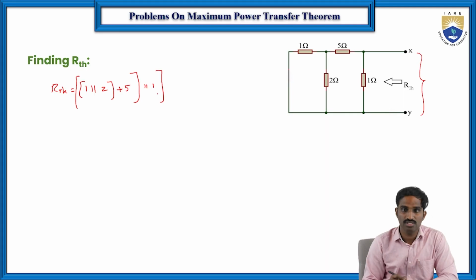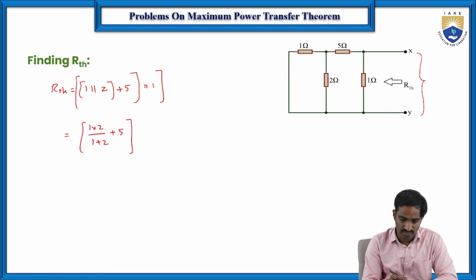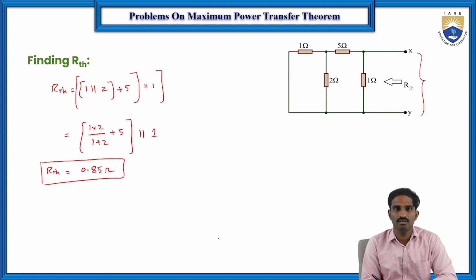So this is R Thevenin. In other words, 1 into 2 by 1 plus 2, plus 5, and this total combination is in parallel with this 1 ohm resistor. Then the total value of R Thevenin is 0.85 ohms. If you simplify this, the total resistance that we get is 0.85 ohms, right?